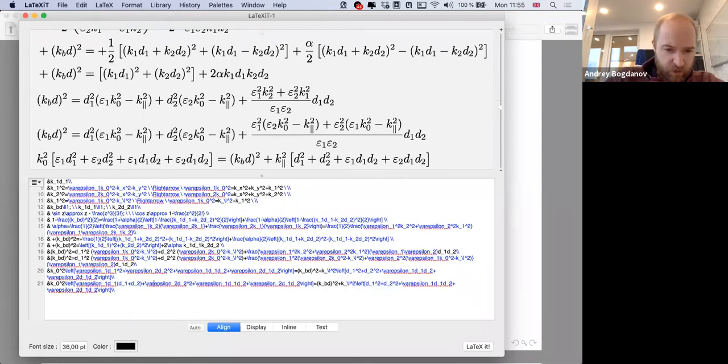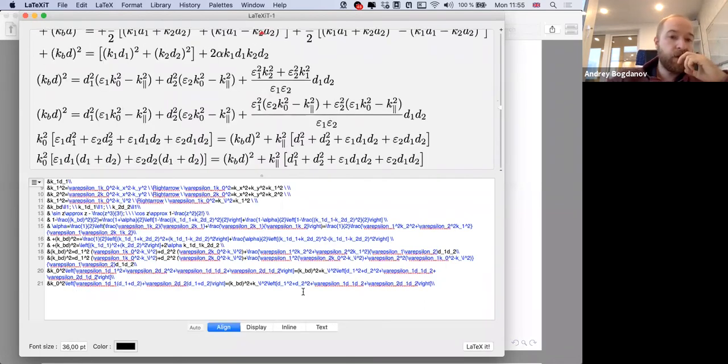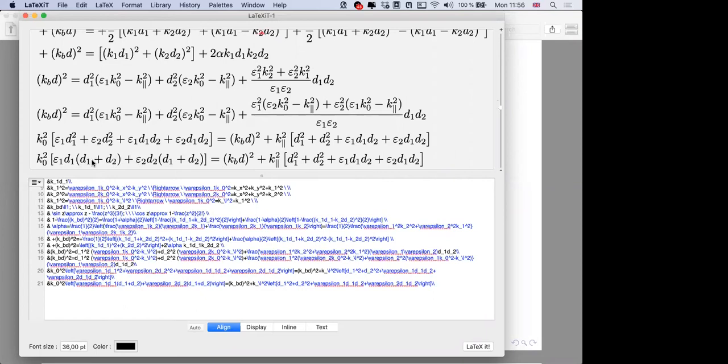And here epsilon 2 d2. But what is d1 plus d2? It's just d, the full period of my structure. Yes. Okay.